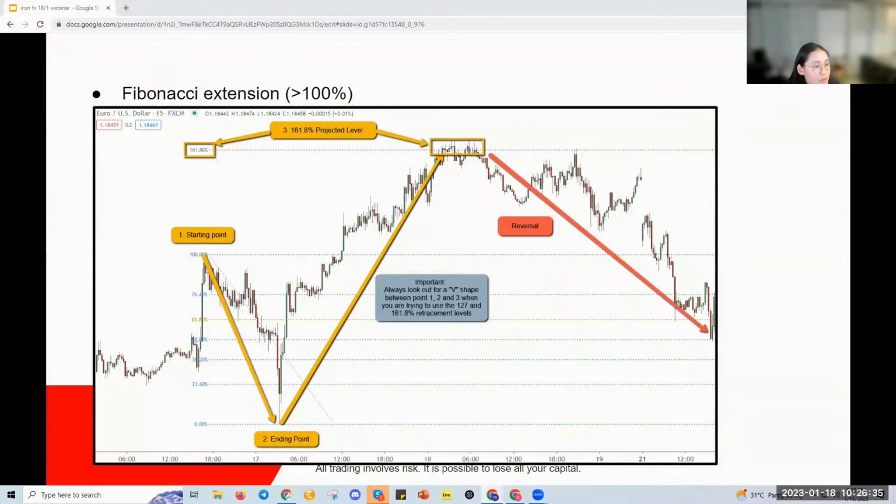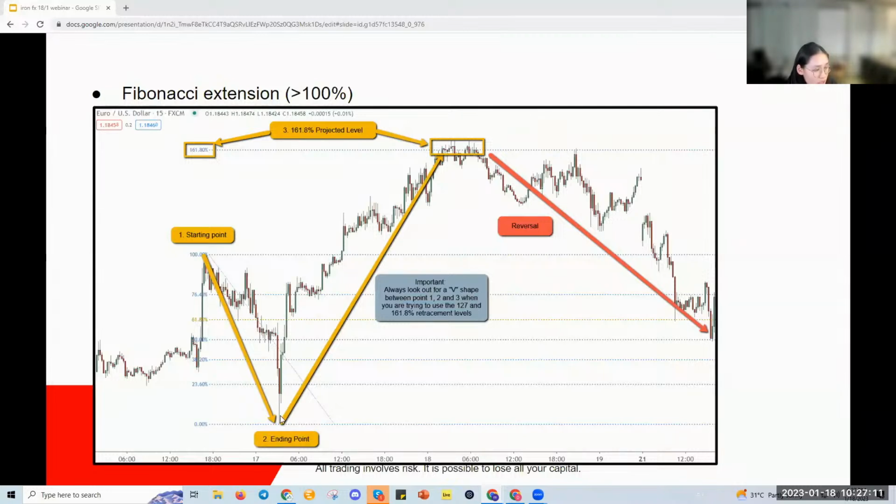Now let's take a look at Fibonacci extensions. Here you can see a very obvious Nike tick. The starting point is here, ending point is here. For a Nike tick, you want to take the shorter end of the tick as the starting point. You retrace this area, and this trend line is over here, and it results in a reversal over here.